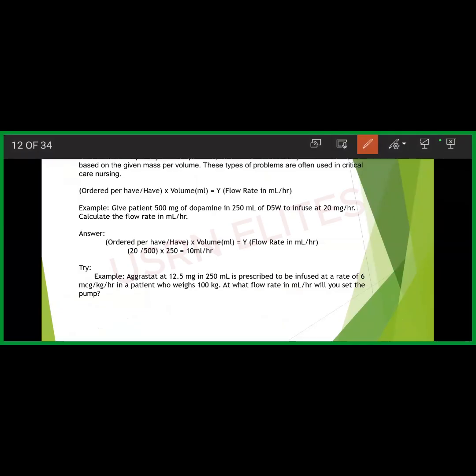So let's say with this same prescription, I want to change this figure to 2. So you now have 2 microgram. Let me write the whole thing here. You have 2 microgram per kilogram per minute.